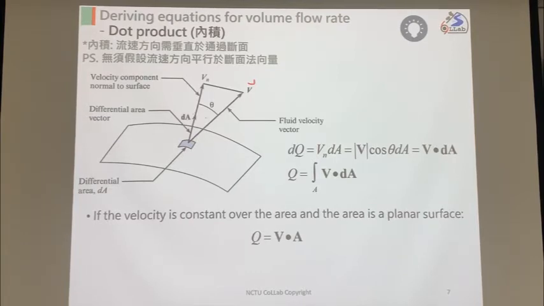So for this case, we use the dot product.